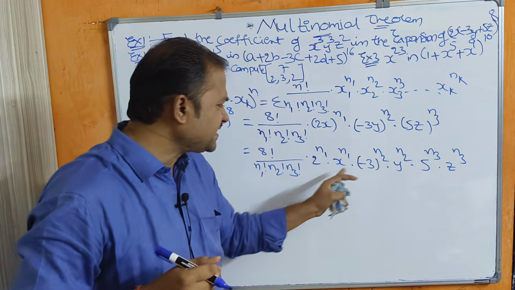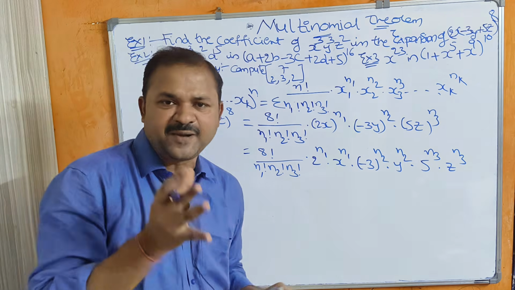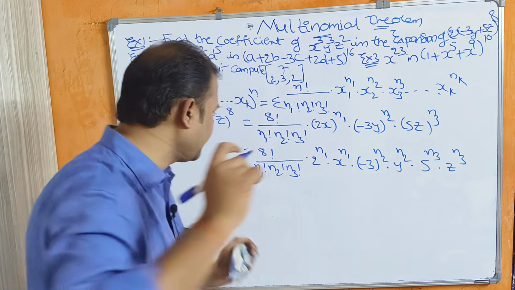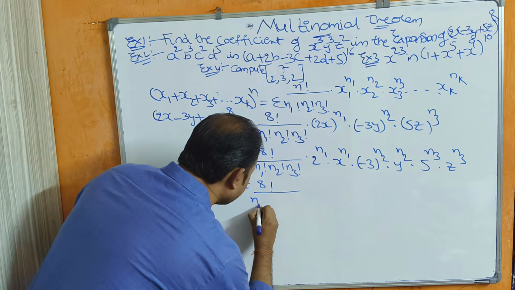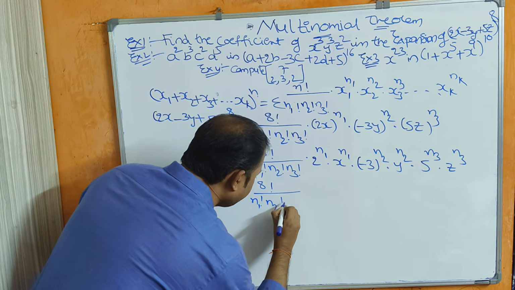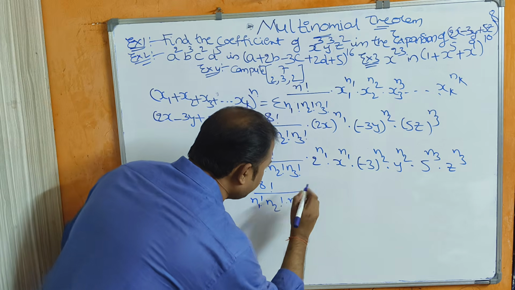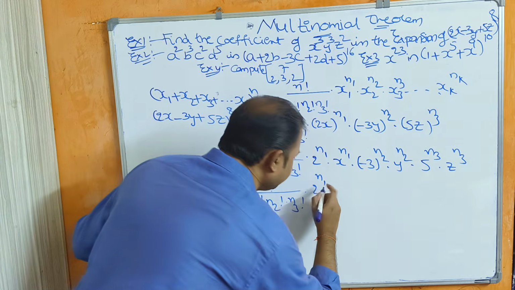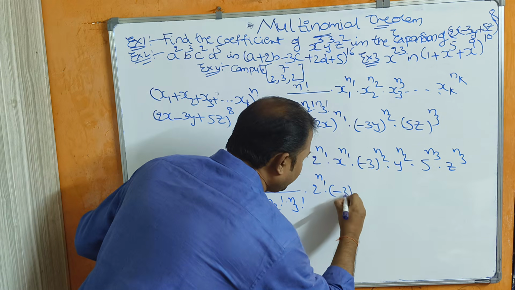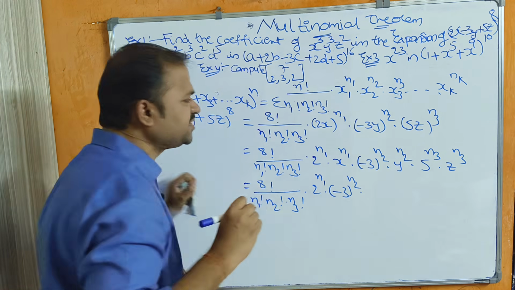So now let us write the coefficients at one place and exponents at another place. We can write this as 8 factorial by n1 factorial into n2 factorial into n3 factorial into 2 power n1. So this is one coefficient. Next (minus 3) whole power n2. This is another coefficient.